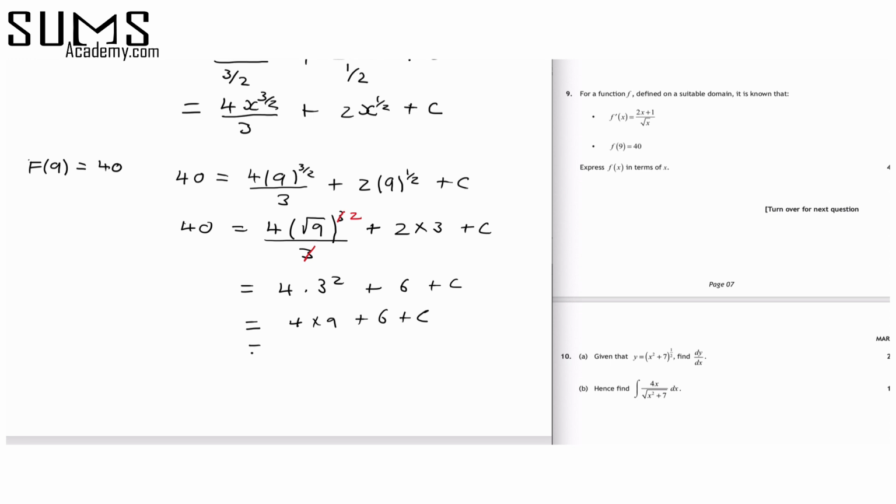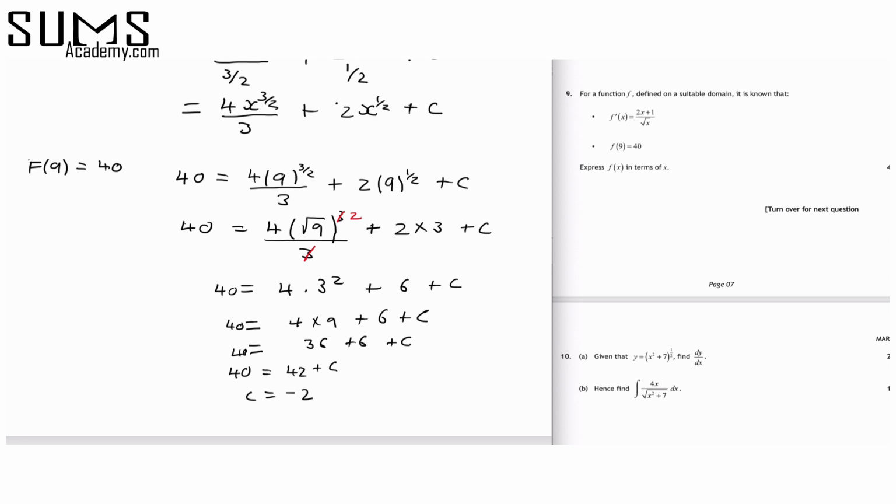So 4 times 9 is 36, so 36 plus 6 plus c, this is still all equal to 40. So 36 plus 6 is actually 42, so 40 equals 42 plus c, so c must equal -2.